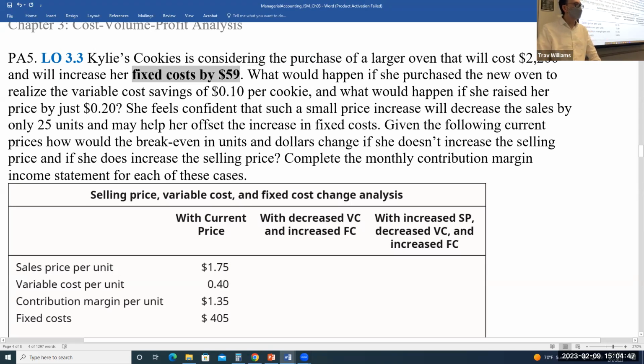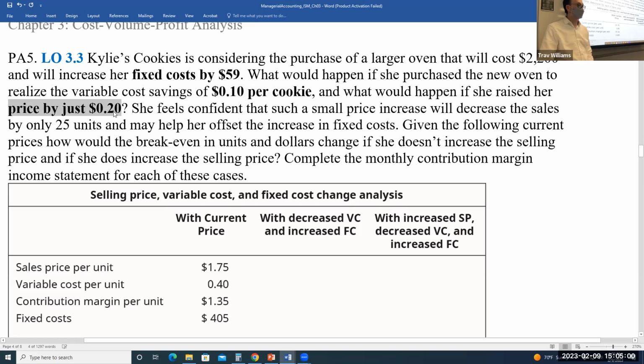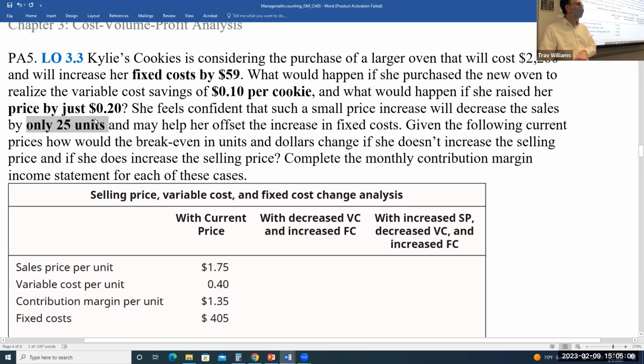And it's going to result in a 10-cent variable cost per cookie. We also want to look at what if we increase price by 20 cents per unit. We think that will cause the number of units sold to decrease by 25 units because of the higher price.